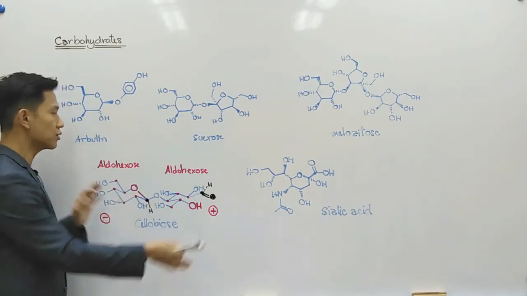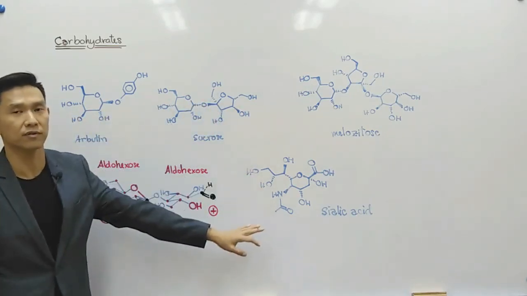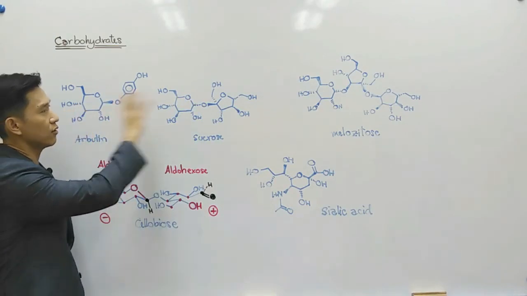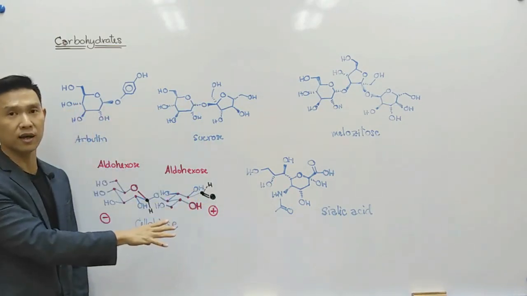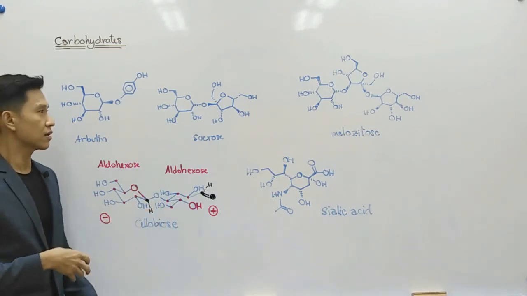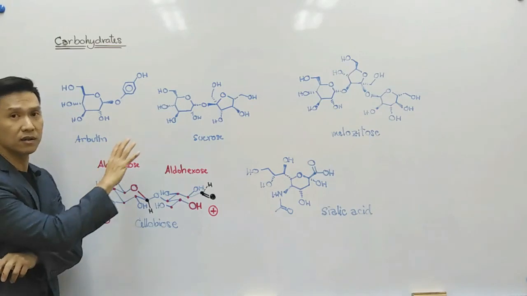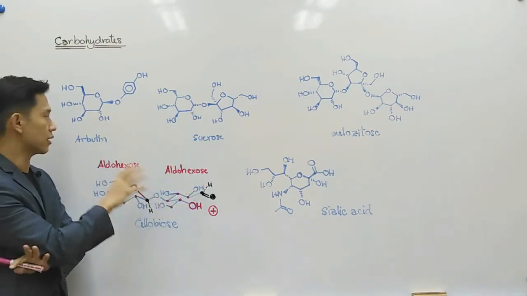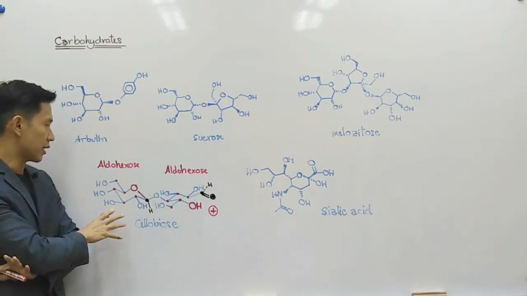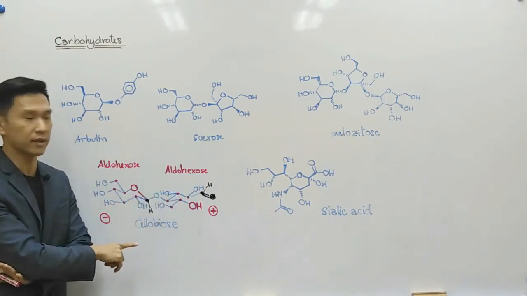Okay, I want you to do all this kind of thing with the rest of the structures. So you have 4 types of sugar as your homework. You have to find whether each ring is aldose or ketose, how many carbon atoms are inside, and where your glycosidic carbon is, right?